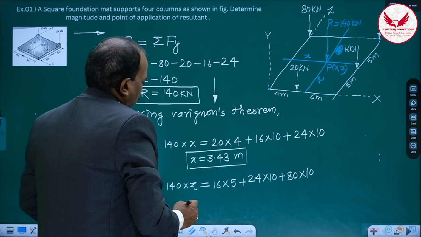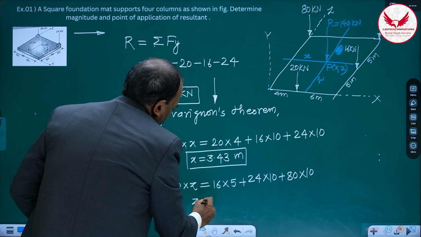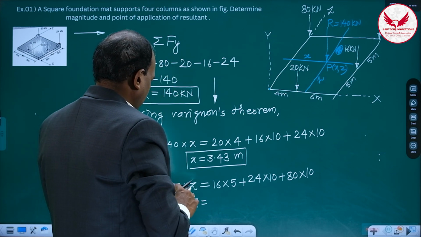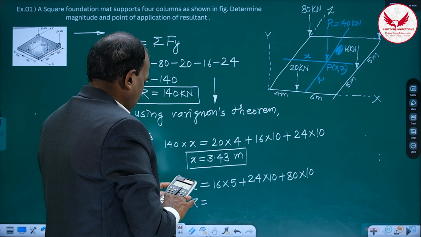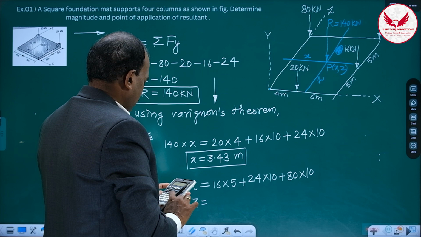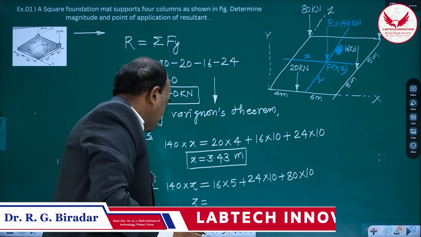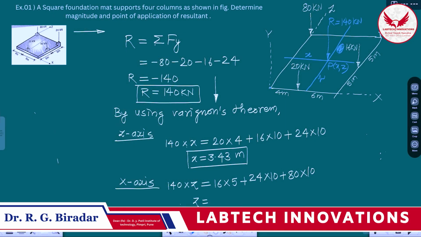Then what will be z? Z is going to be 1040 plus 80 divided by 140. So it is going to be 8. Z is going to be 8 meters. So this is the z coordinate.